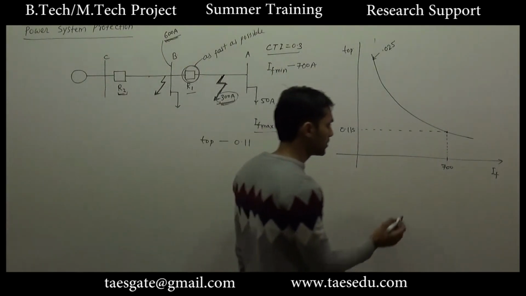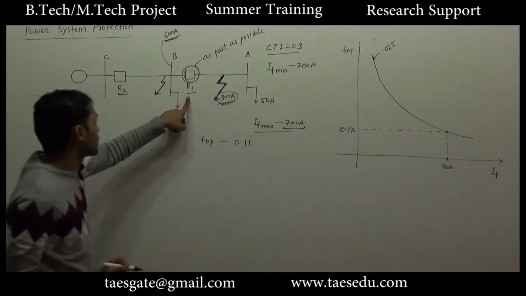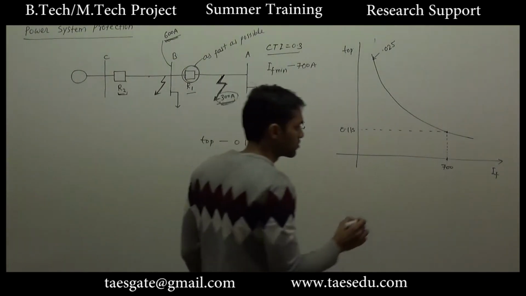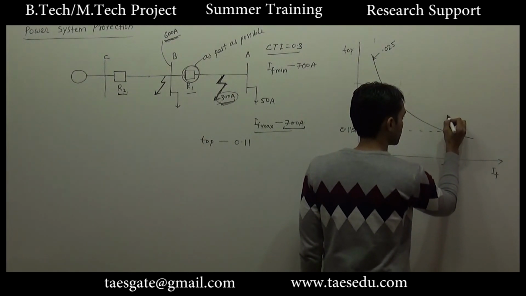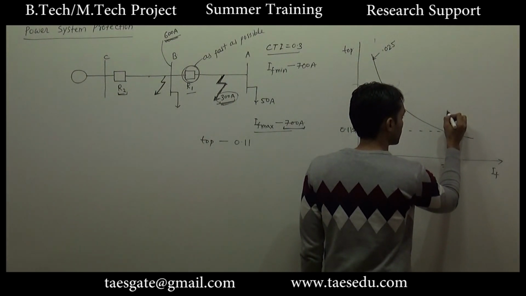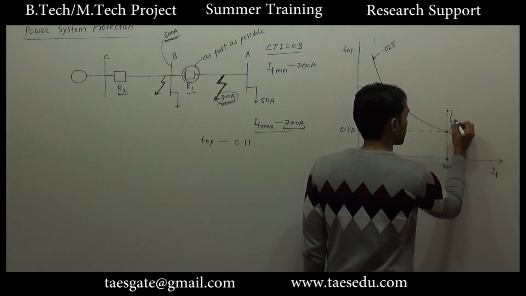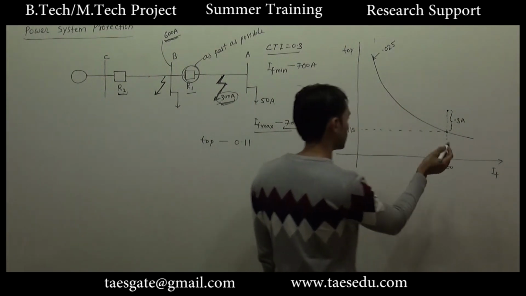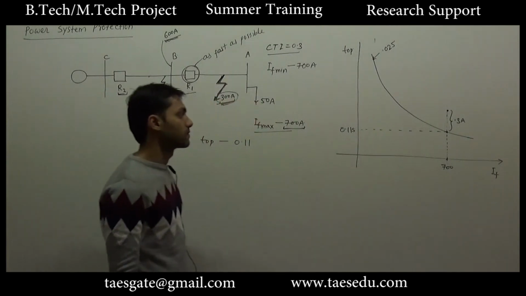Okay, and for the same fault, if R1 fails to operate, R2 must provide remote backup protection. So for the same value of fault current, the backup protection must operate 0.3 second after the expected operation of relay 1.